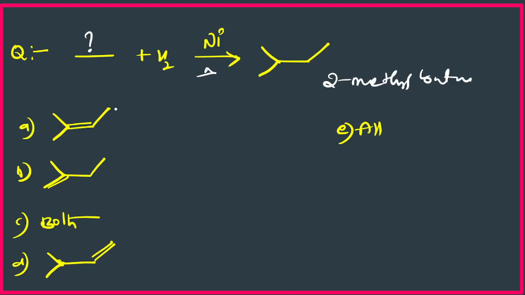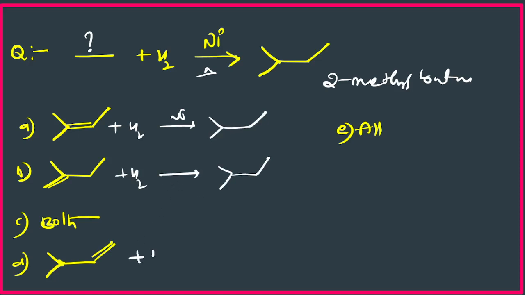Which is the reactant? Addition of hydrogen in the presence of nickel gives 2-methylbutane in every case. So our option is all of them. The answer is E.